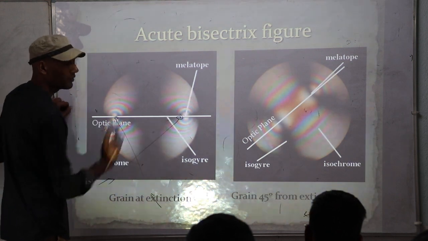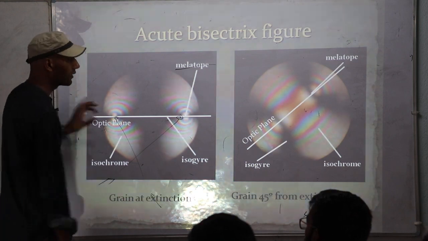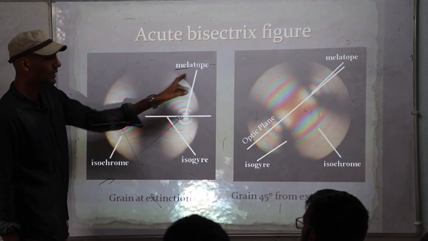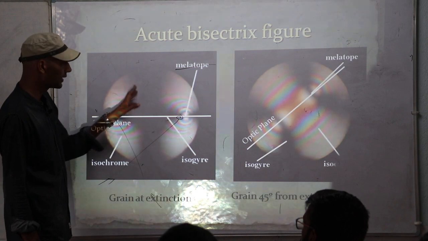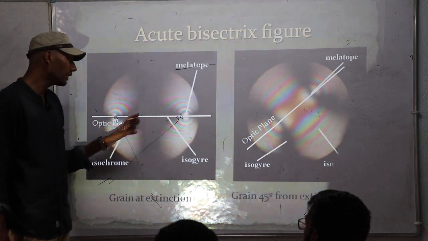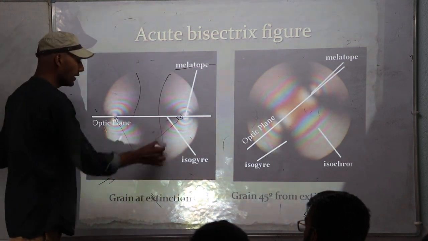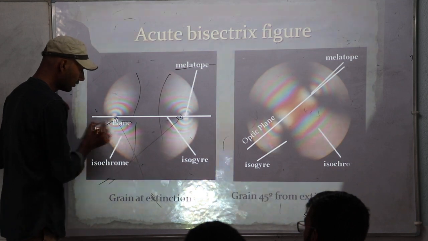They will produce zero retardation here, named as melatope. You can see here, as we have discussed, it is not at the center of crosshair in acute bisectrix figure, and not the intersection of isogyre. Okay. So you can see these are the isogyres.